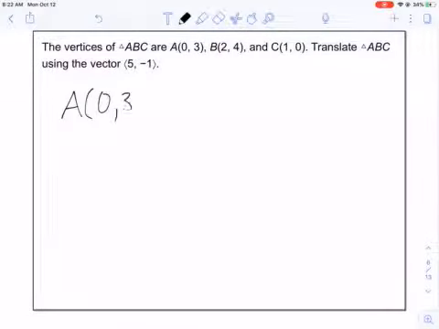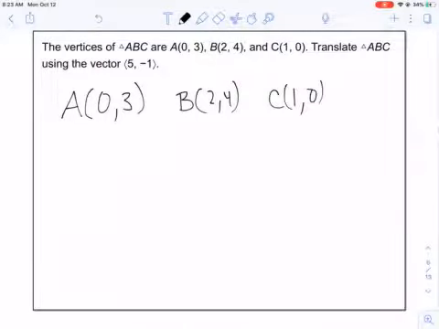So 0, 3, 2, 4, 1, 0. I'm going to rewrite this component form into a rule. So xy becomes x plus 5, comma, y minus 1.